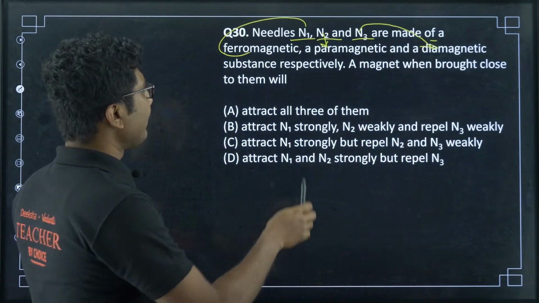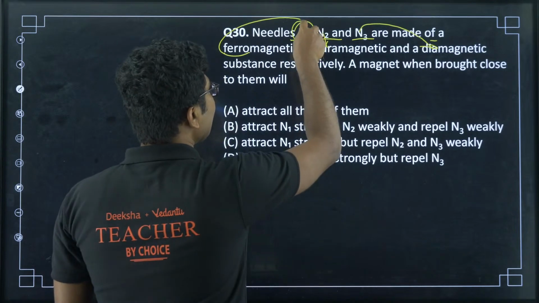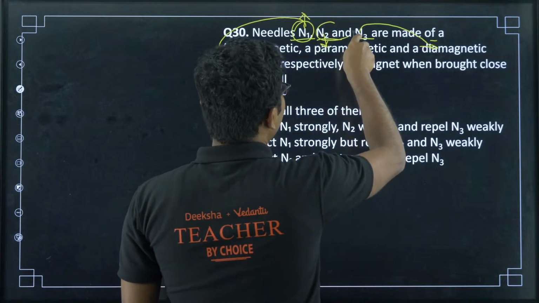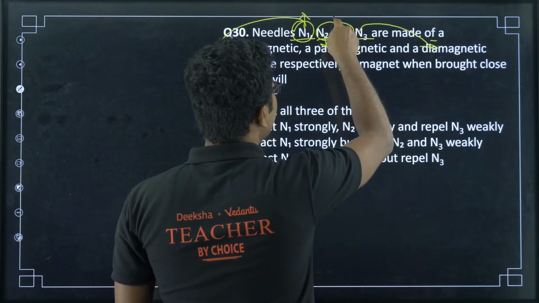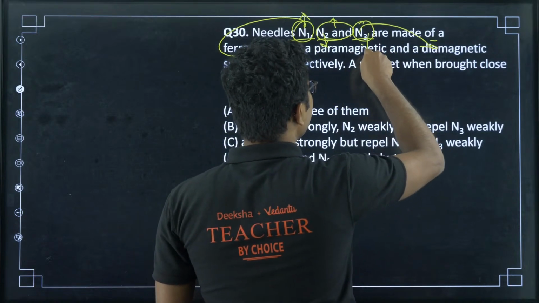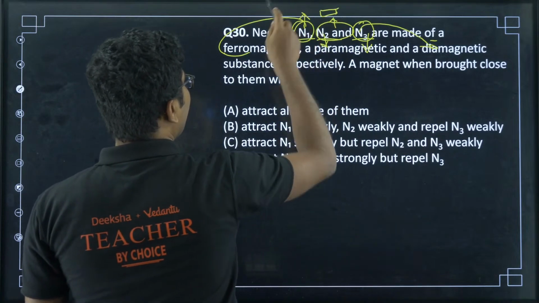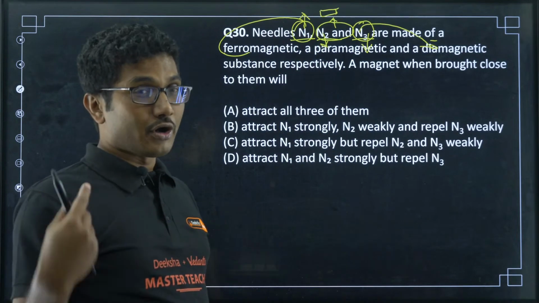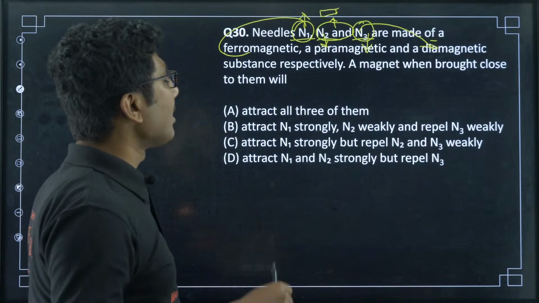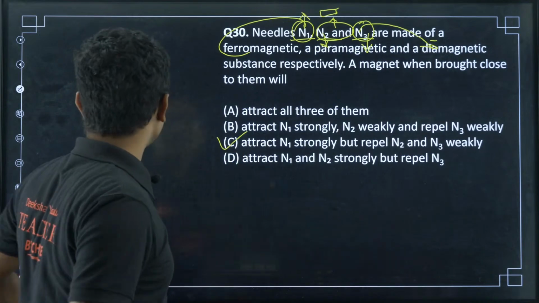If you bring a magnet, N1 will be strongly attracted towards it. N2, the paramagnetic, will also be attracted but weakly, whereas N3, a diamagnet, will be repelled, okay. So, if you keep a magnet here, ferromagnetic will be strongly attracted, paramagnetic will be weakly attracted and diamagnetic will be repelled. So, option C is the correct answer.